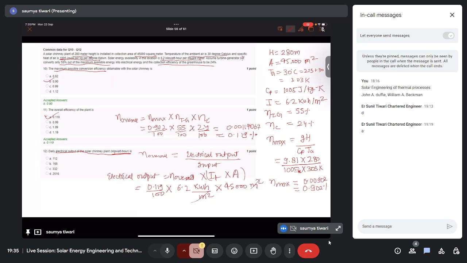So in kilowatt hour, if you calculate this, your output will come to be 332.198 kilowatt hour. So this will be your answer, option C. Hope this question is clear.